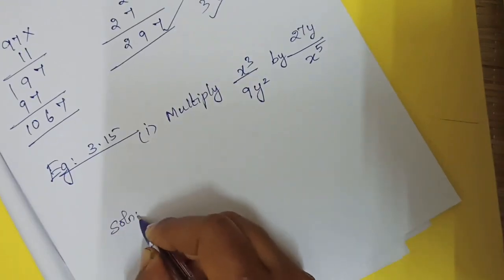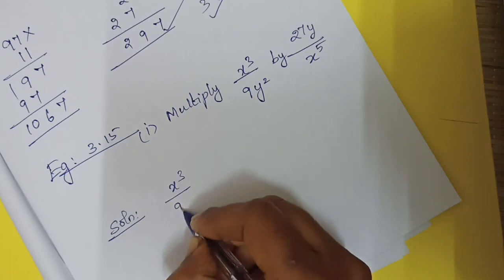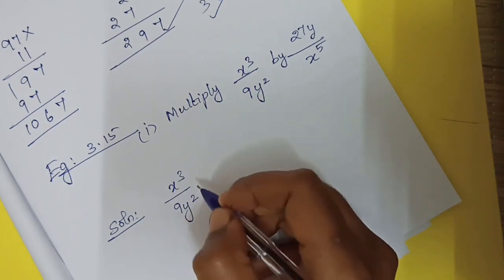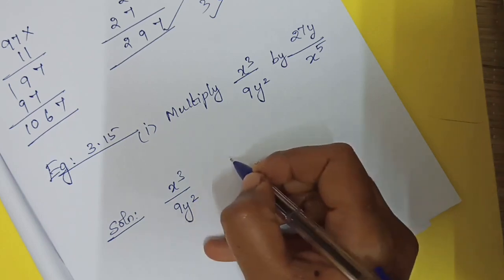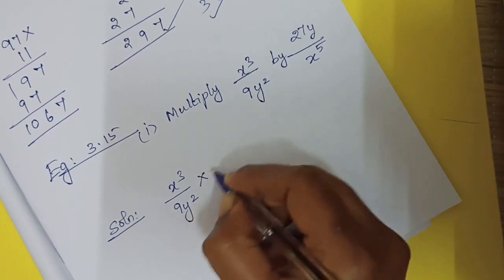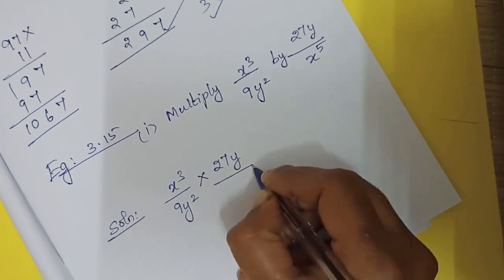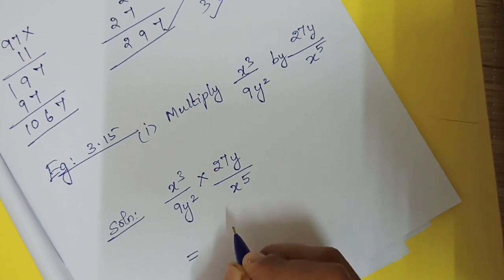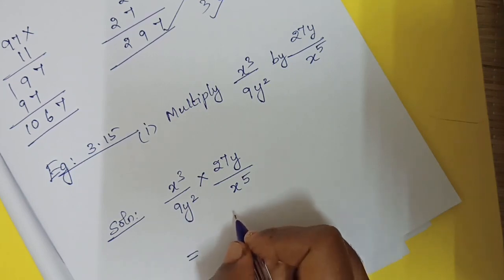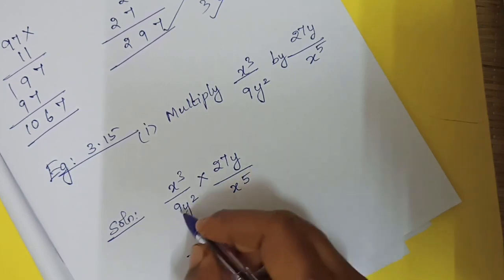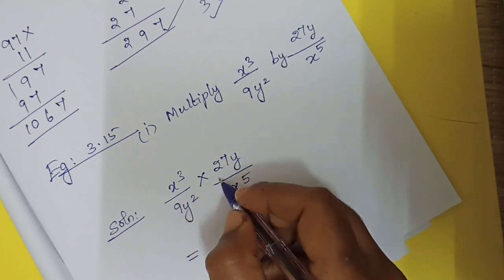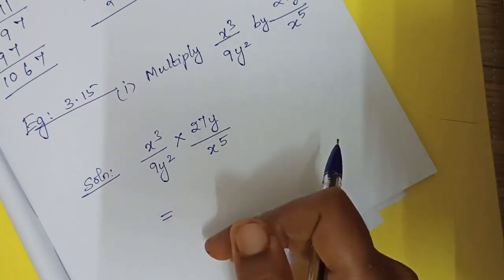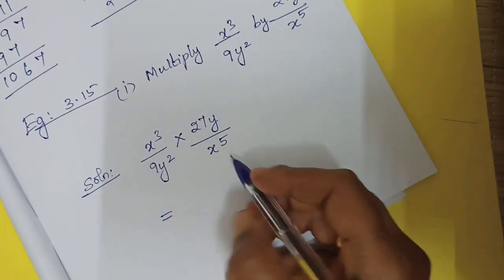Very simple thing. First expression I am writing here. Multiply by, no? So what is the symbol? Plus, minus, into, divide, multiply. So the multiplication symbol, 27y by x power 5. Whatever cancellations are possible, we are going to do now. First the numbers: 9 and 27 will get cancelled, no? We can write this in the next step and then cancel.